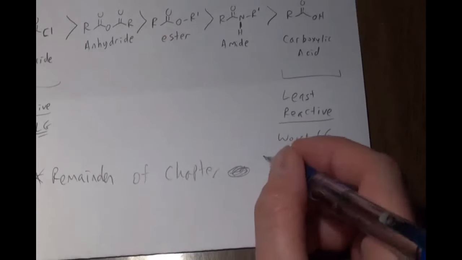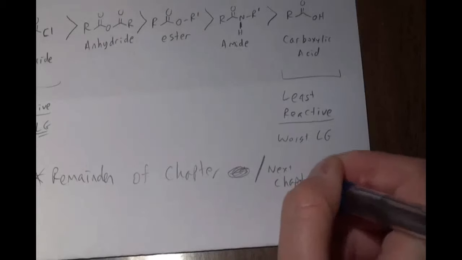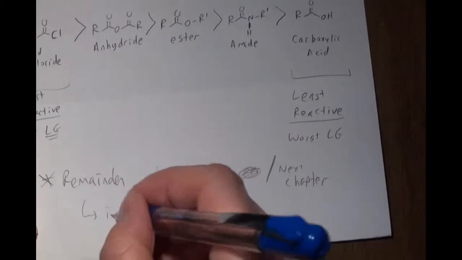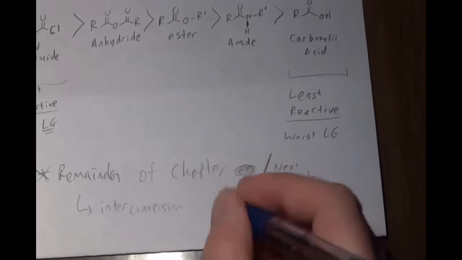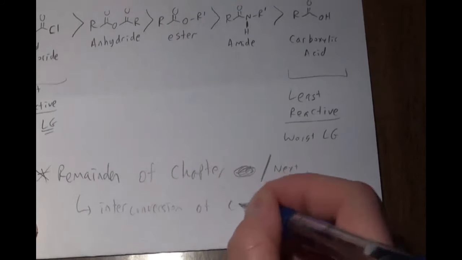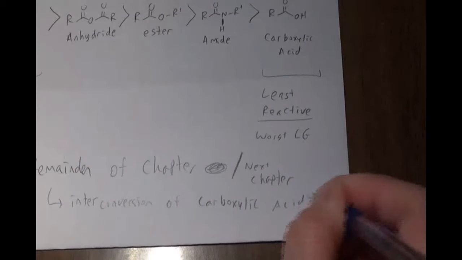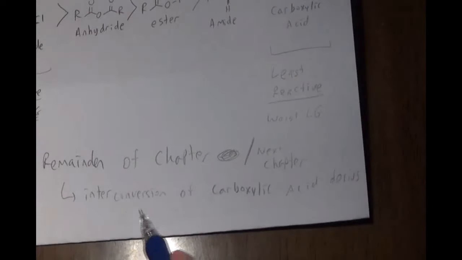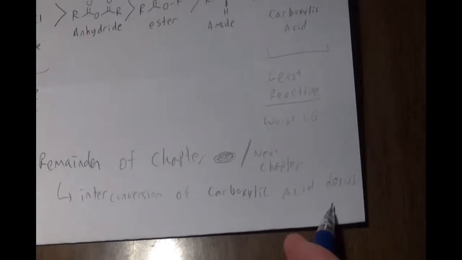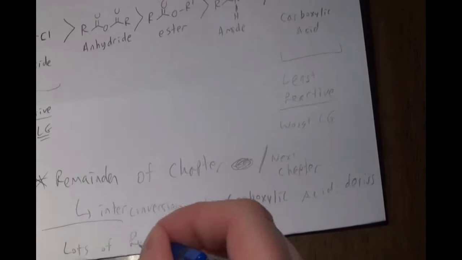Actually, the remainder of this chapter and a lot of the next chapter even is interconversion of carboxylic acid derivatives. So it's interconversion of carboxylic acid derivatives. Okay? There's a lot of redundancy. Lots of redundancy.